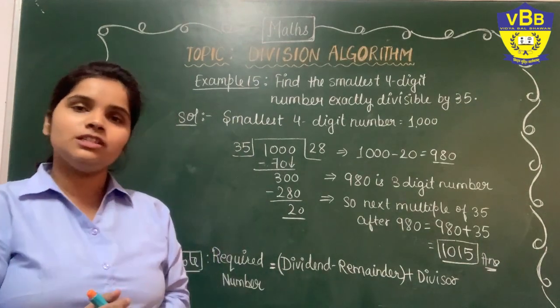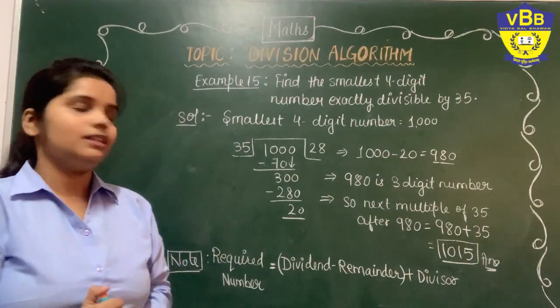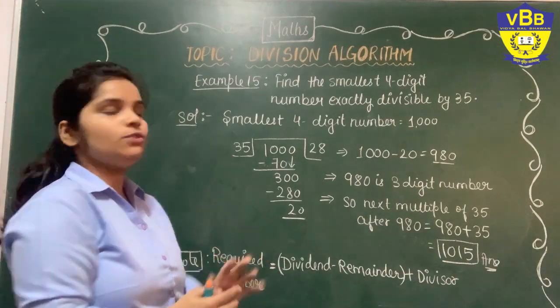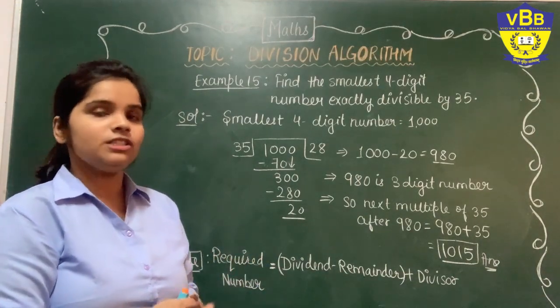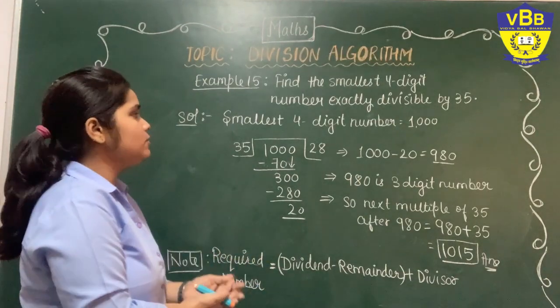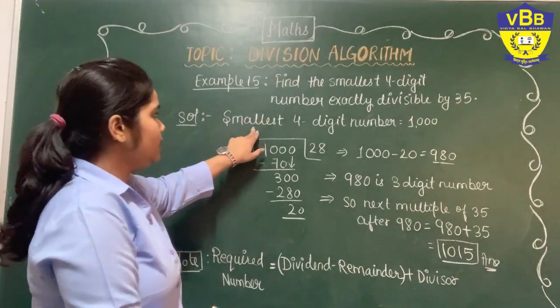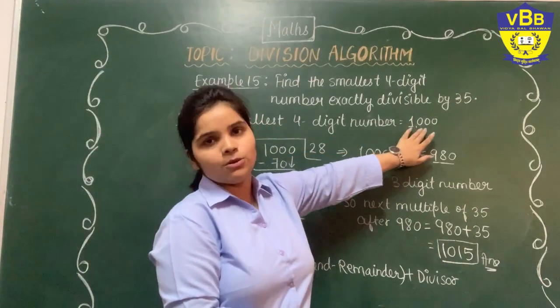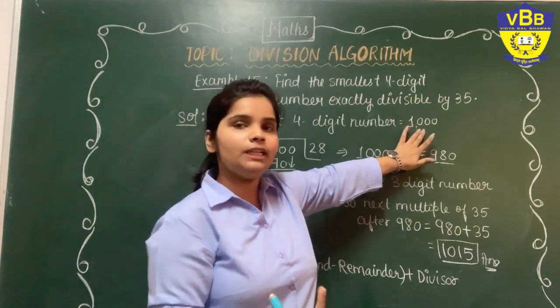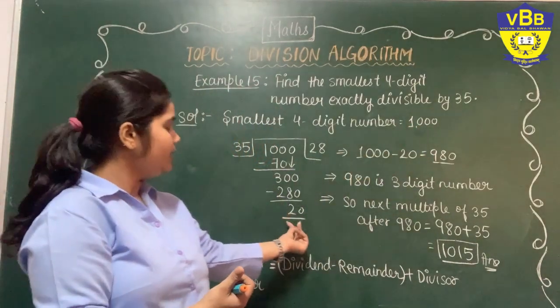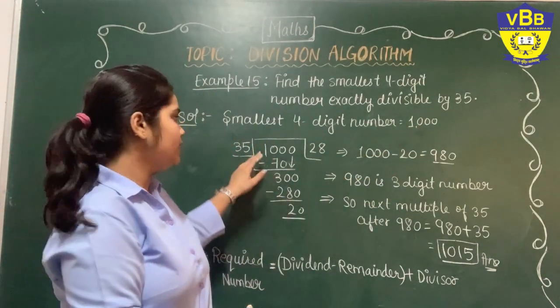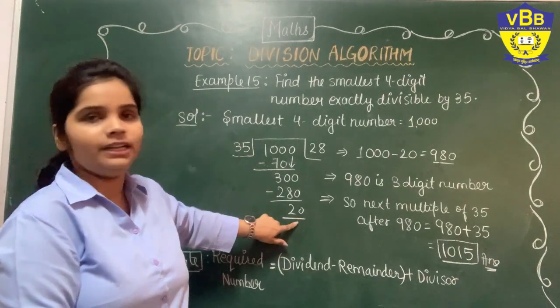I hope this question is clear to all of you. It is very simple. You have to find the smallest 4-digit number which is divisible by 35. First we find that the smallest 4-digit number is 1000, but 1000 is not completely divisible by 35. When we divide 1000 by 35, we get 20 as the remainder.